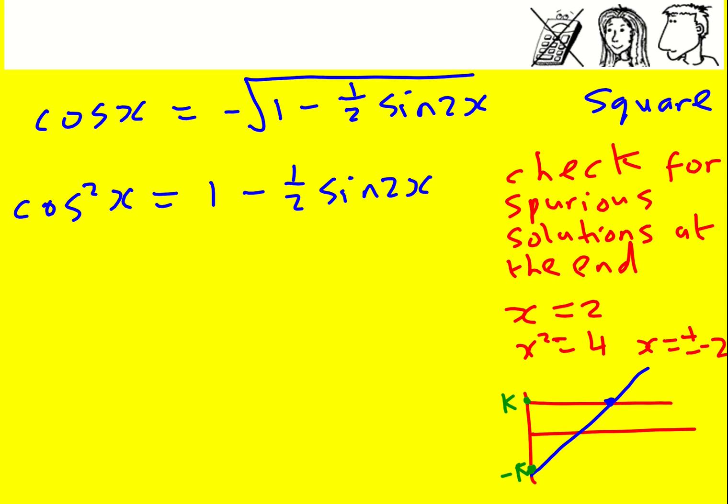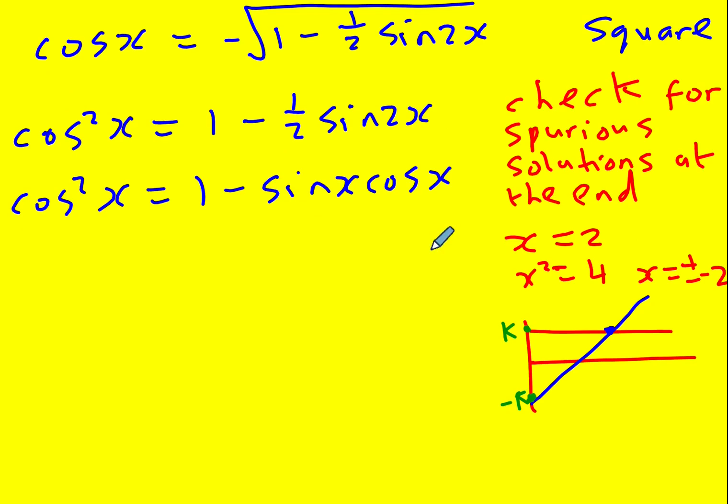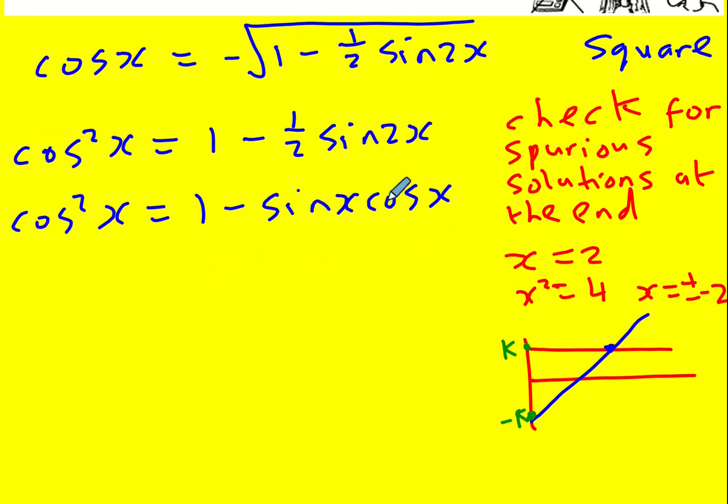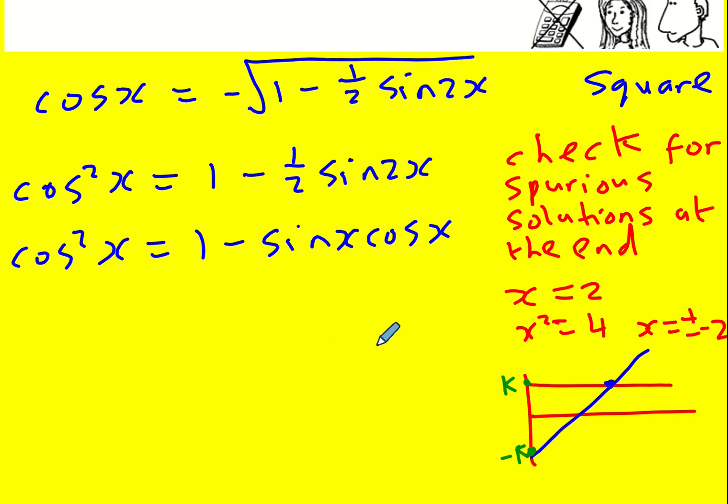Okay, so what next? Let's just take this step by step. I'll leave the cos squared for the moment. I've got that sine 2x is 2 sine x cos x. That's a double angle formula. So we can write sine x cos x. Now at the moment, it's kind of a quadratic, but we've got a sine there, a cos there, and a constant, that's not great.